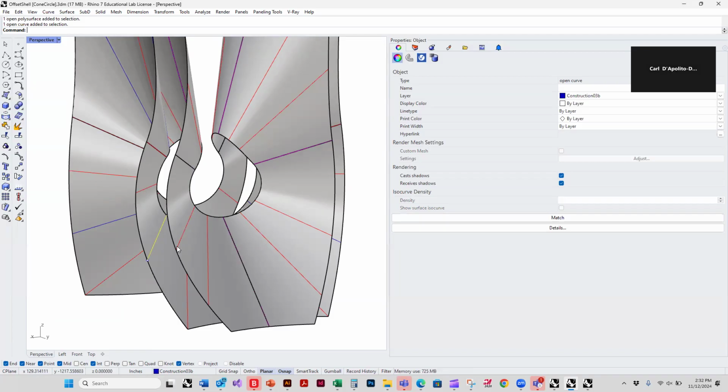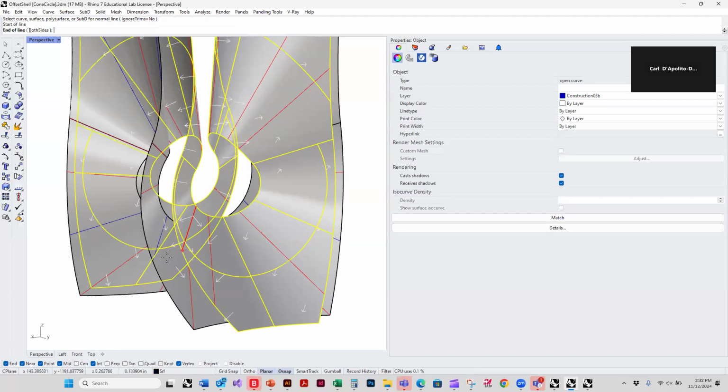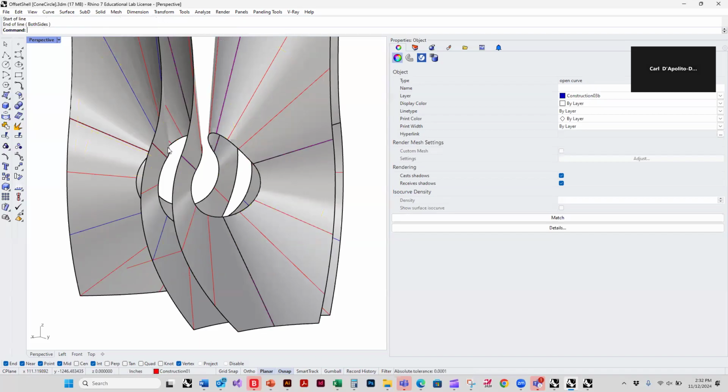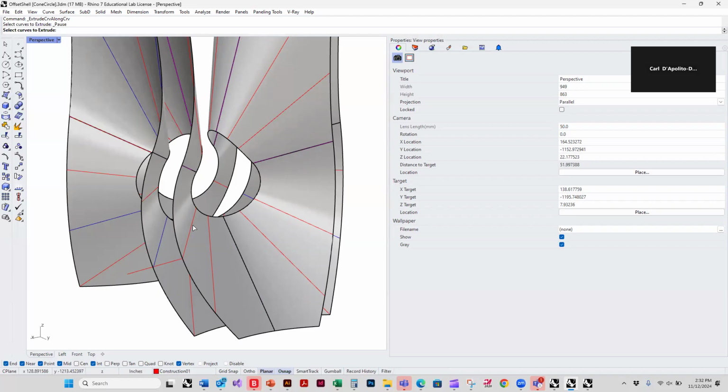What I do to do that is simply draw a normal to the surface, extrude the curve along the curve, and intersect that with the other surface.